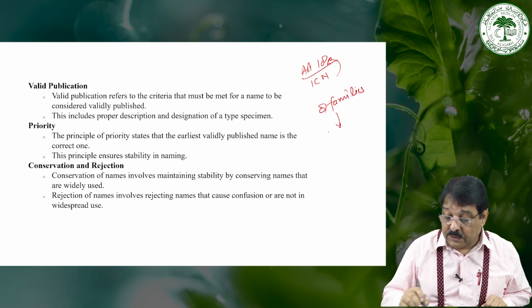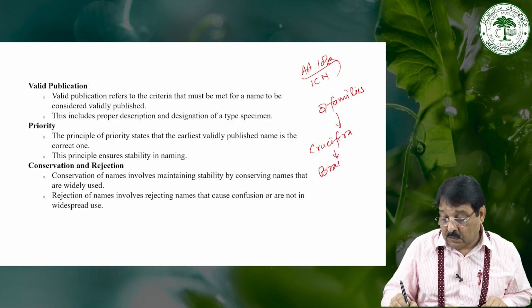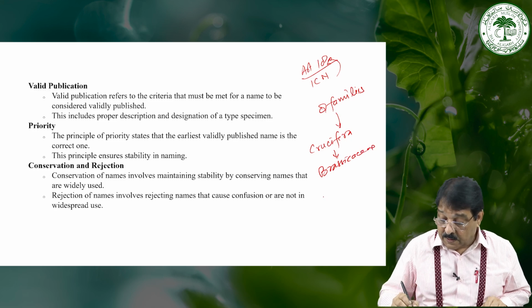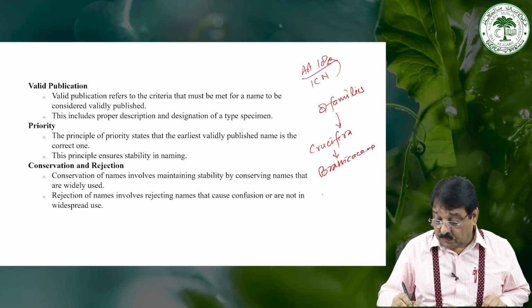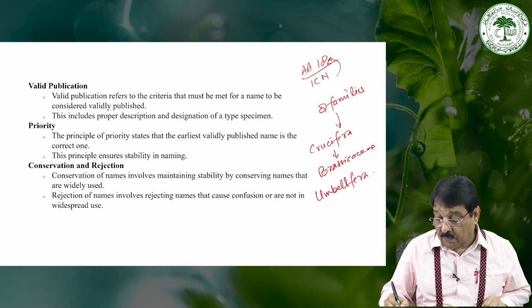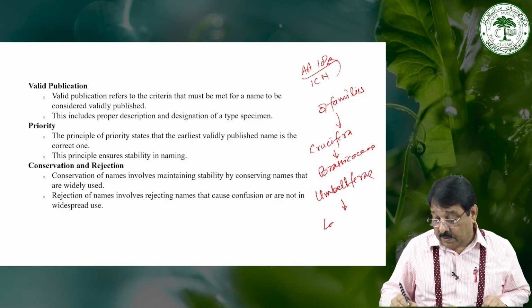What are the 8 families? Cruciferae, that is called Brassicaceae. Then Umbelliferae, that is called Apiaceae. Labiatae, that is called Lamiaceae.